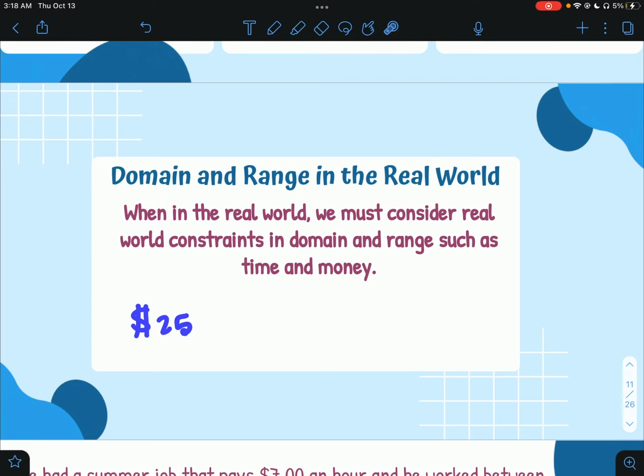So here, our domain would be from 0 to 25. Well, let's say that the items at the break store cost $3 each.